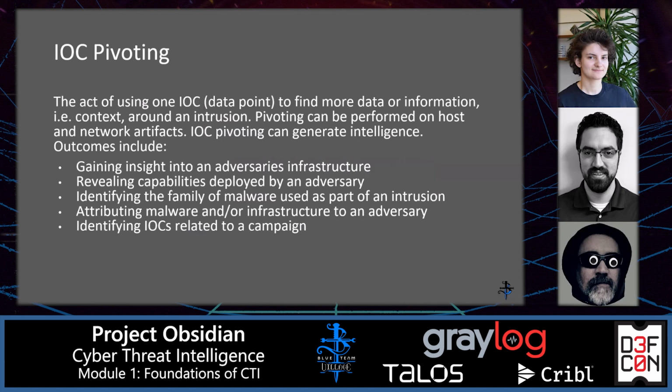Some of the outcomes you might see are learning more about the adversary's infrastructure or what they're capable of, identifying like a malware family, for example, or attributing some malware you found to an adversary, like maybe you find out that they're connected in some way, or identifying more IOCs that are related to the campaign.